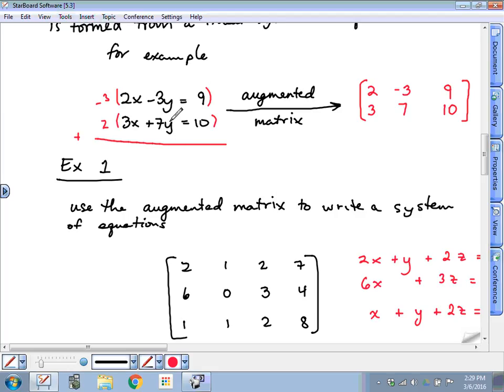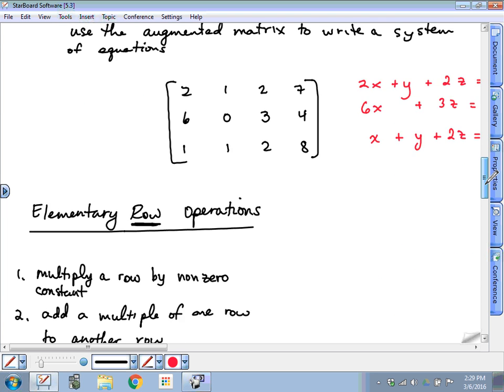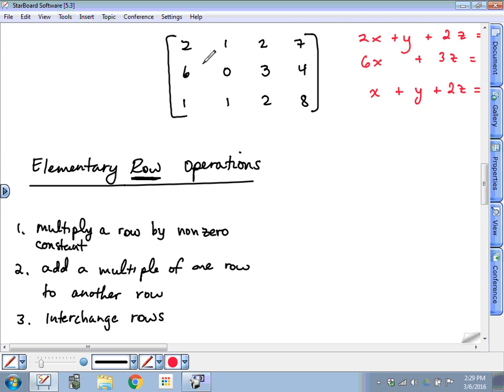It doesn't really affect the solution to the system of equations. So that would be like interchanging rows. If I wanted to take this middle row here and move it down to the bottom, and move the bottom row up to the middle, and then solve that matrix with Gaussian elimination, just interchanging rows would not affect the solution. So sometimes interchanging rows can be helpful in solving a system of equations.